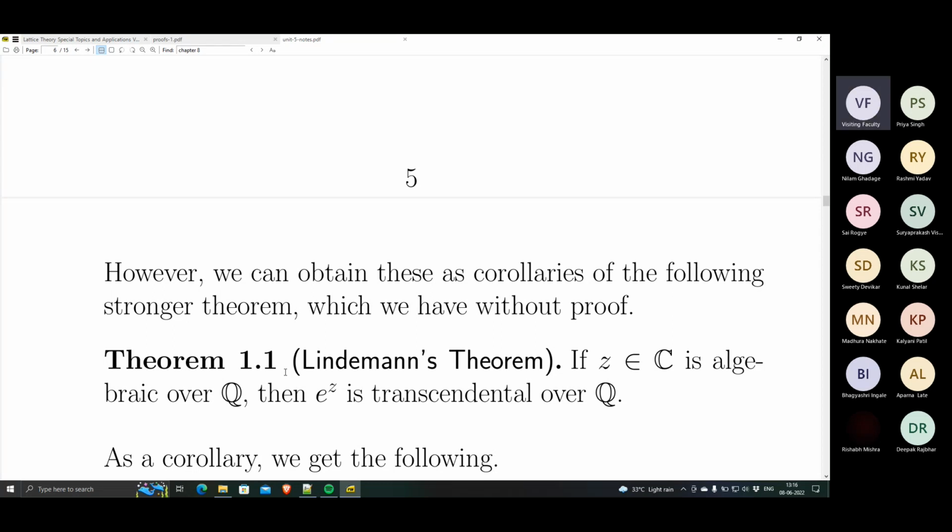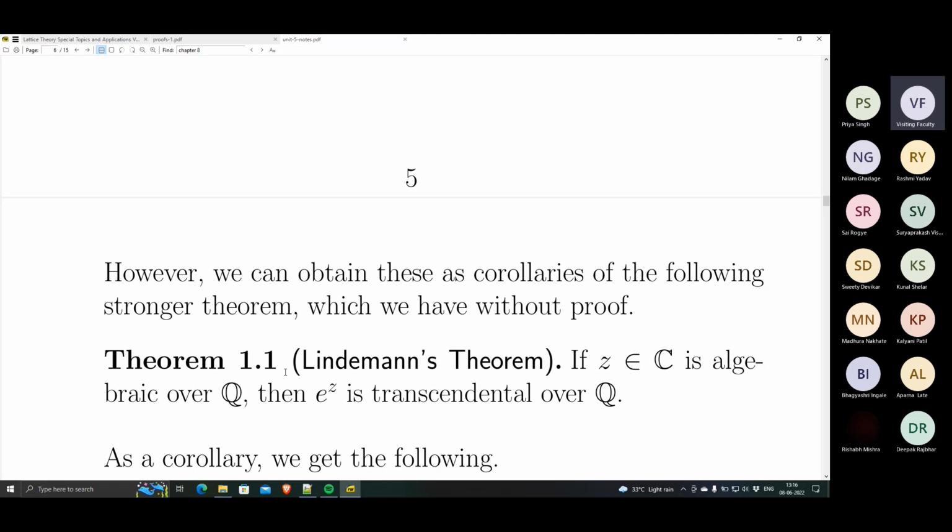It's not just any complex number, no? Is 1 algebraic over Q? Can you give me a monic polynomial over the rationals such that 1 is a root of that polynomial? x minus 1.